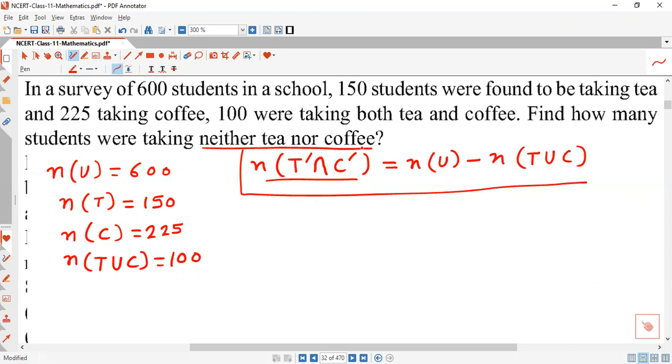First of all, we have to find the number of students who are taking either tea or coffee.